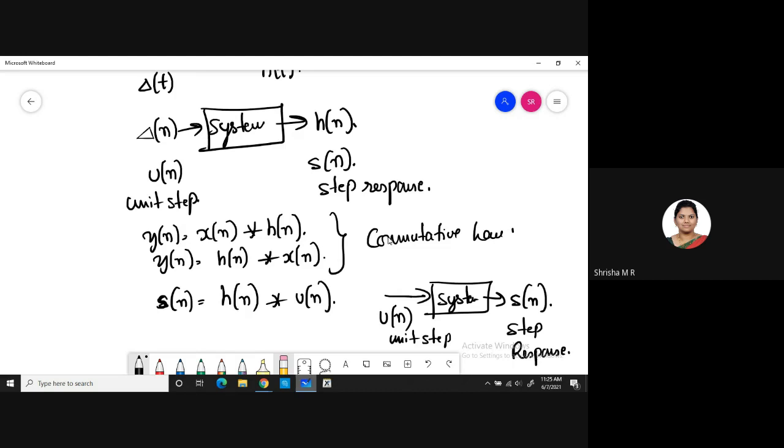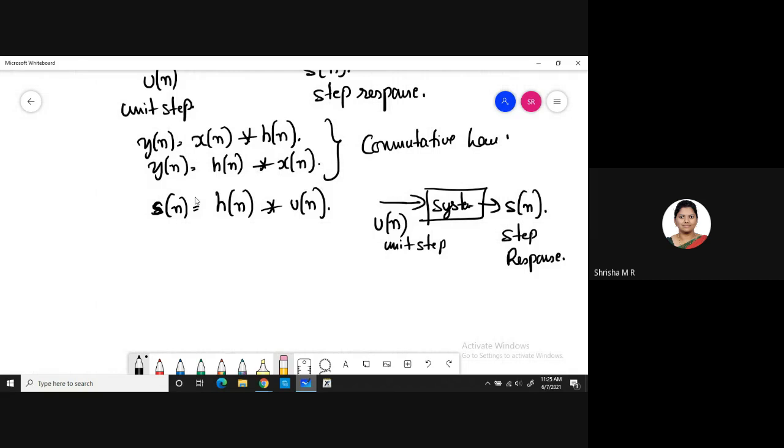So we shall see the relationship between step response and impulse response. We'll try to get the relationship between S of n and h of n. We know that the output is nothing but x of n convolved with h of n. The input signal convolved with the impulse response gives you the convolution sum, or y of n.